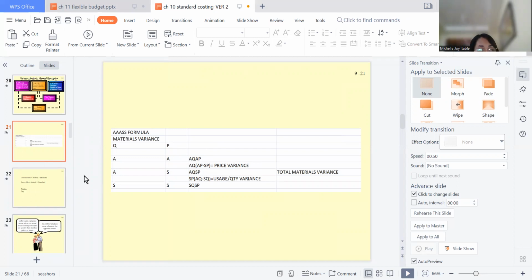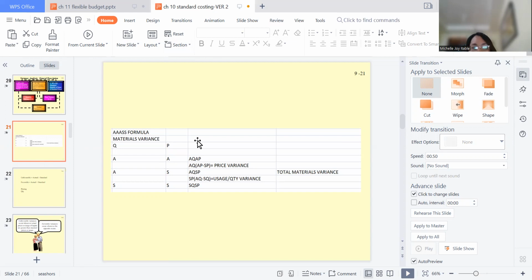Bakit? Kasi, syempre, nag-set ka ng standards when it comes to price, tapos mas mataas pala yung actual na price when you had your actual production. So, ibig sabihin, mas malaki pala yung magagastos mo. So, kaya unfavorable yung variance.